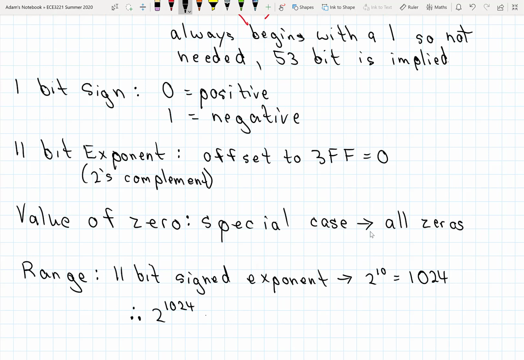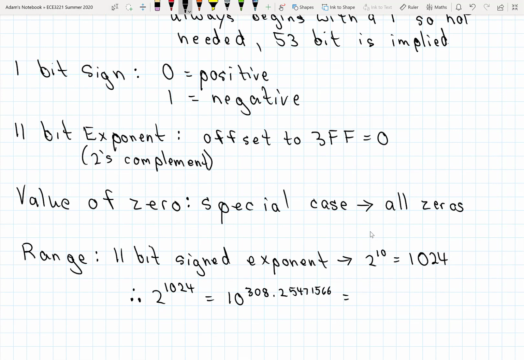So 2 to the 1024, our largest exponent, if we figure out the base 10 equivalent, is approximately 10 to the 308.25471566, which is equal to 1.8 times 10 to the plus 308.